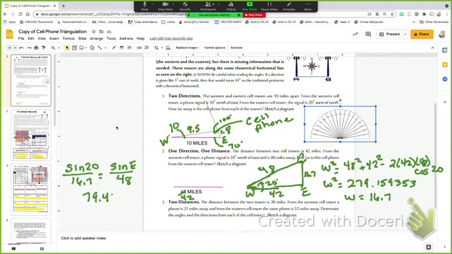So let's nix this. We've got to find, I'll call that angle C because that's where the cell phone is. So I call it C for cell phone. We've got to find that angle first. We did a bad thing. We did not find our angles from smallest to biggest. Angle C has to be next.